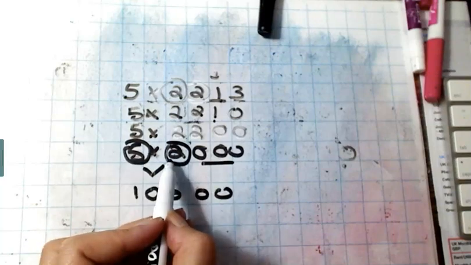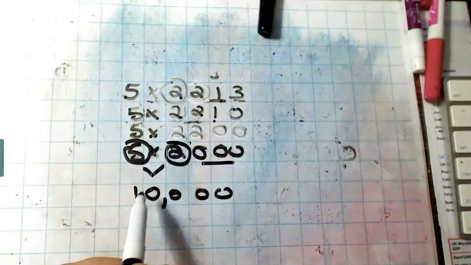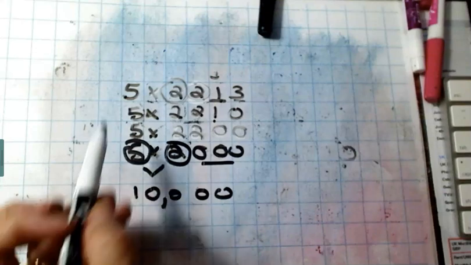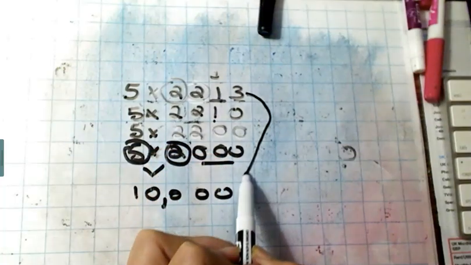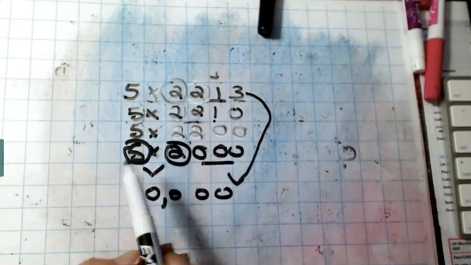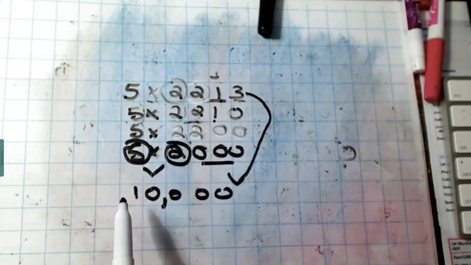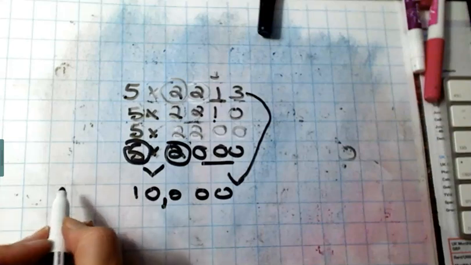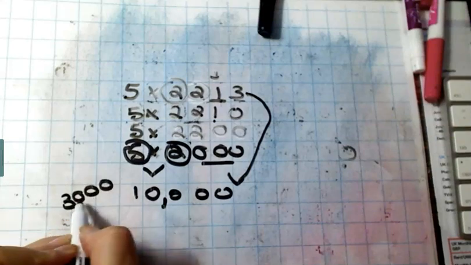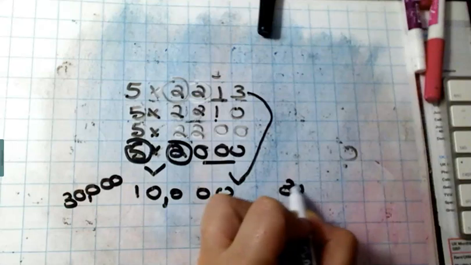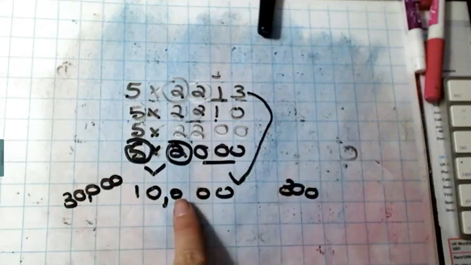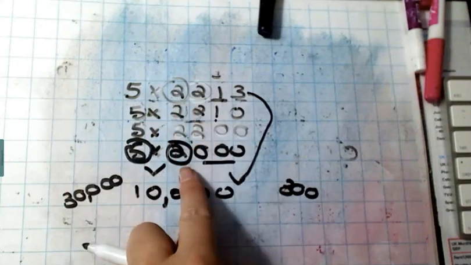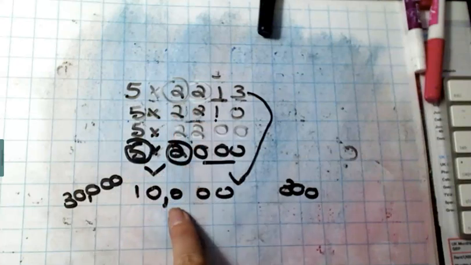So 5 groups of 2,000 is 10,000, right? That's pretty easy. So my answer here should be pretty close to 10,000. If it was 20,000 or 30,000, or maybe it was 300, I need to know that these answers aren't right because my answer, when I round it and estimate, needs to be close to 10,000.